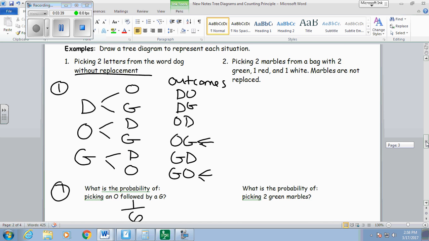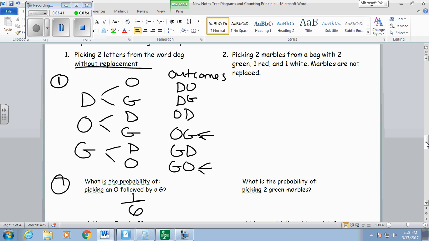For the second tree diagram, so again, you're going to want to put a 2 on yours here so you understand which tree diagram goes with which situation. Now you're picking 2 marbles from a bag with 2 green, 1 red, and 1 white. And again, the marbles are not replaced. So to deal with the fact that we have 2 marbles that are green, we do have to take that into account when we draw our tree diagram.